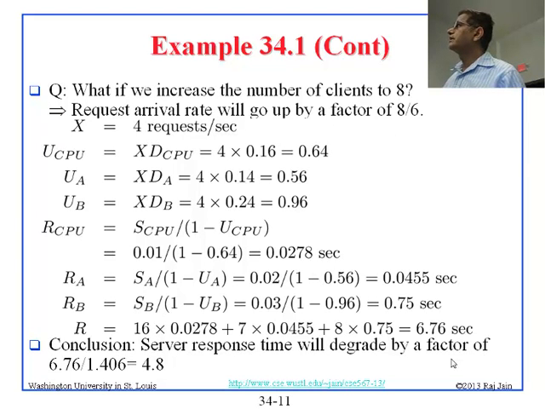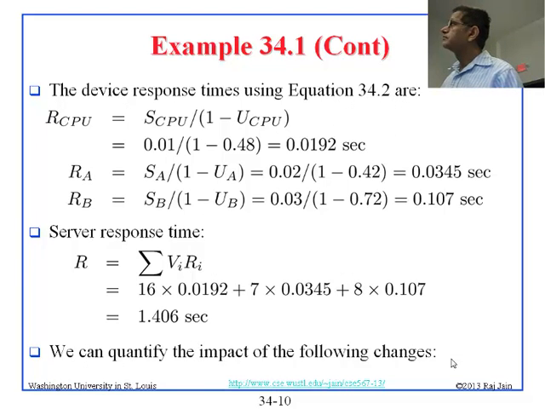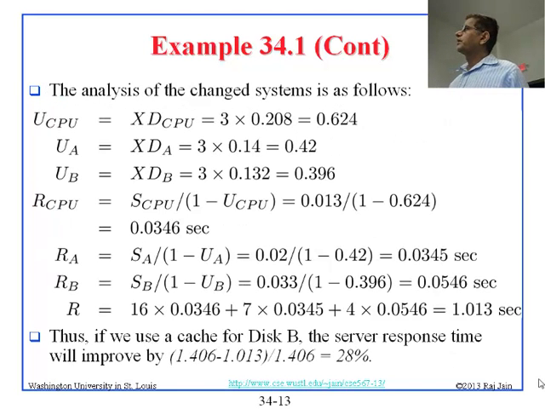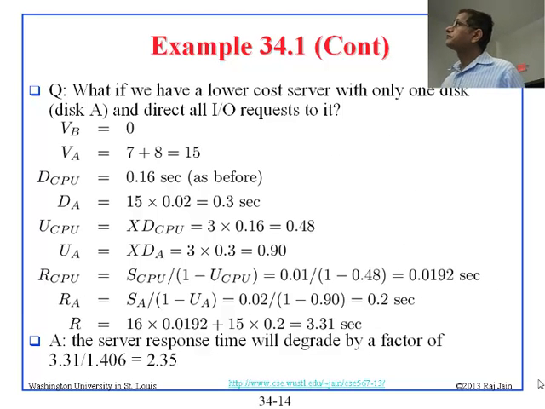Oh, this is actually the old one, with 6 users. With 6 users it was 1.406, and now it is 1.016, 28% better.